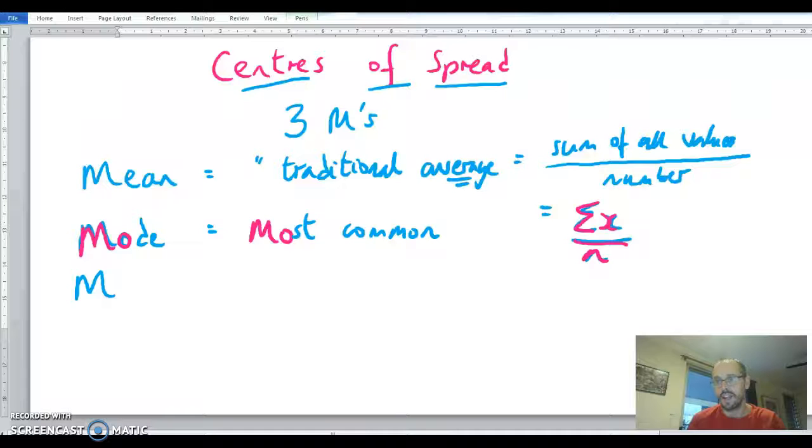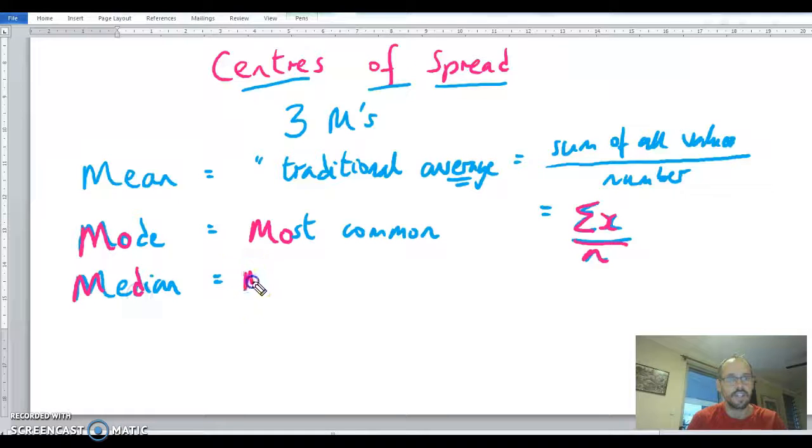And the last one, anybody know, is called the median. Okay, it's called the median. Why is it called the median? Well, I remember this for 2 reasons.